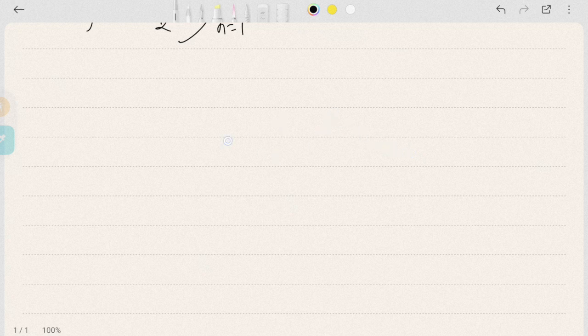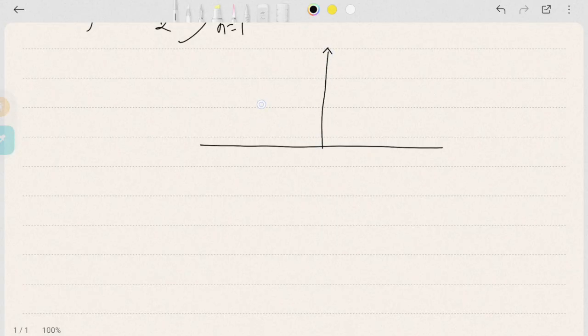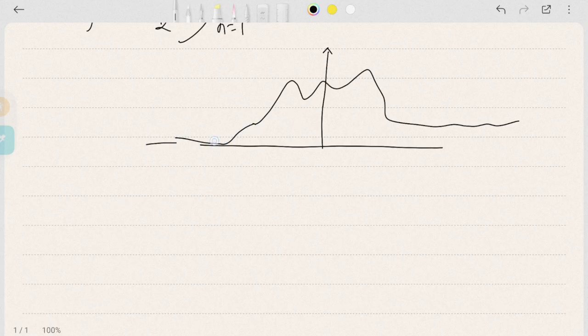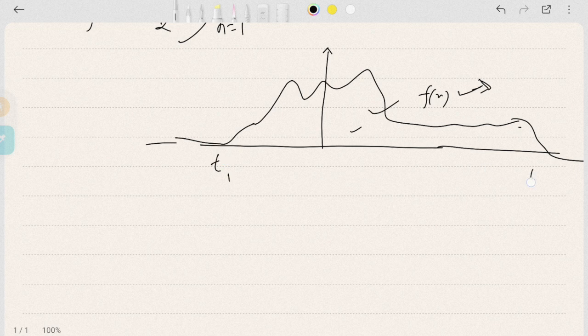Like let's say a signal coming from space. It can come like this, then drops to zero, no signal further than this. So how do you represent this function in Fourier series? You cannot, because Fourier series is all about periodic functions, but this is not periodic. This is only from t1 to t2.